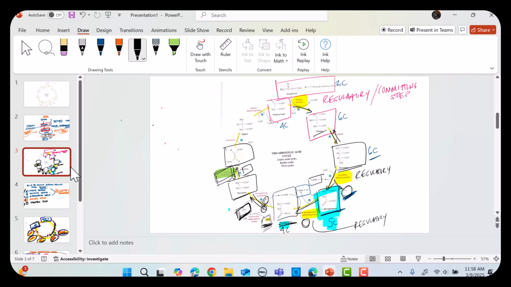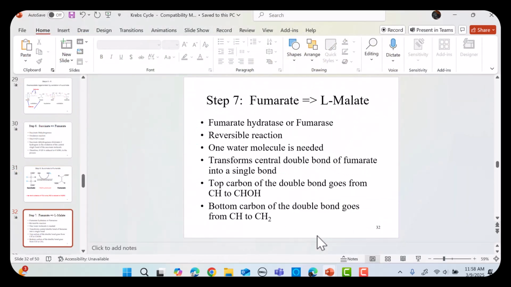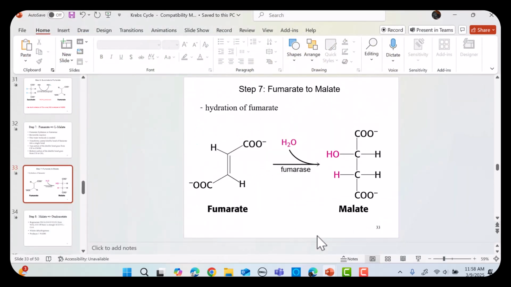Okay, so we have fumarate now. Very often between 2 oxidations, we're going to hydrate. Because what are we doing when we're oxidizing? We're taking an electron off to put it on something else. Well, it's traveling with the proton, hydrogen, whatever.